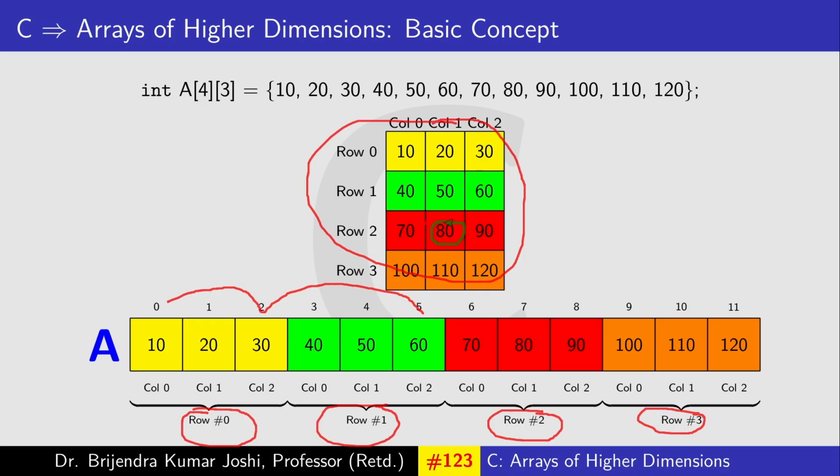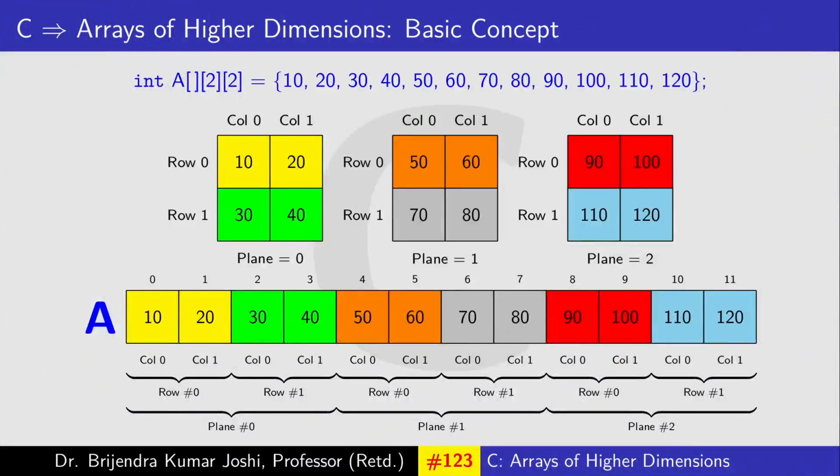Okay, so how to reach 80? It will be A[2][1]. Here I will write 2 and here I will write 1. So 2 rows, and 0, 0 and then 1.